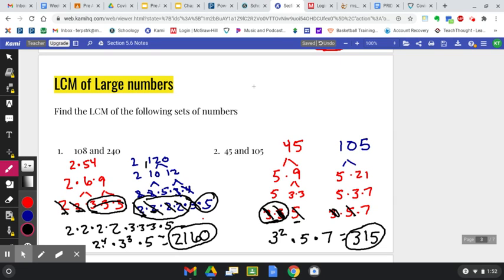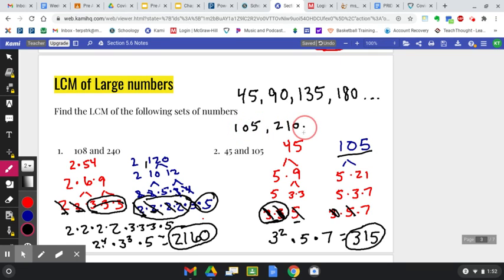Your other option would be to say, okay, there's 45, 90, 135, 180, right? And just count by 45s, and then take 105 and do the same thing. 105, 210, 315, right? And you'd notice if you had kept this going, you end up at 315, right? Because that'd be 180.